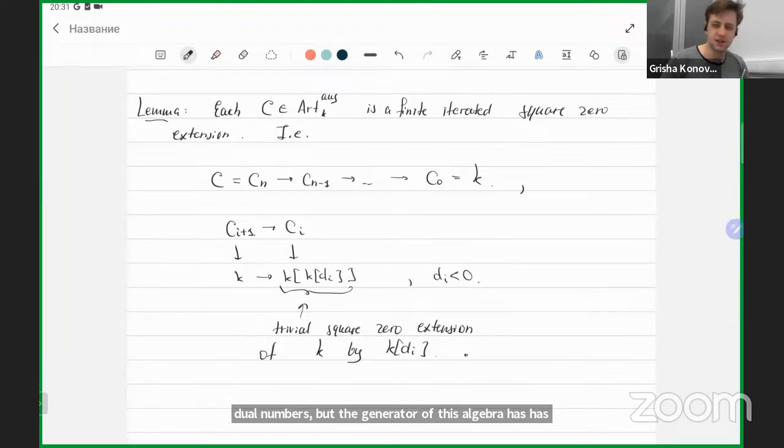In fact, it has a degree which is strictly negative by this condition, which is a thing I want to require.